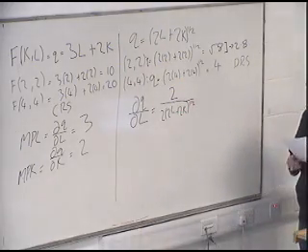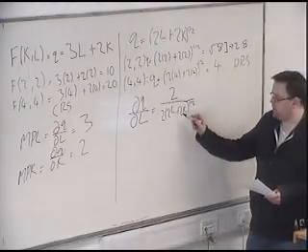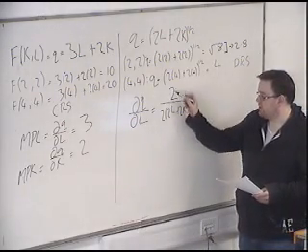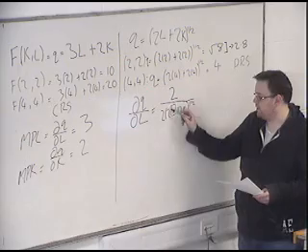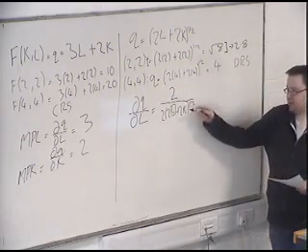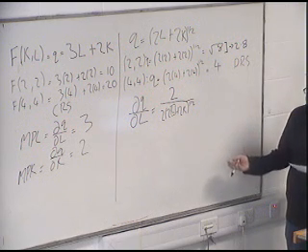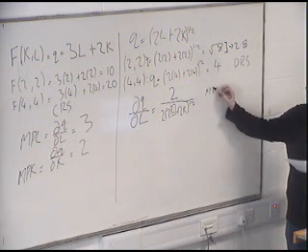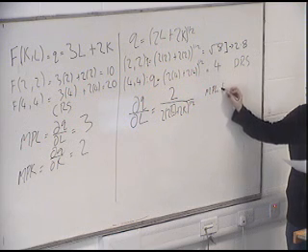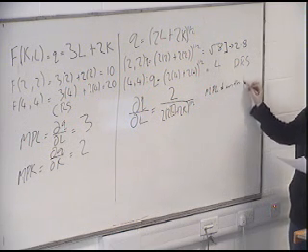So what's this going to do? Well, as L gets bigger, this whole thing is going to get smaller, right? You have an L in the bottom, so as L gets bigger, the overall thing is going to get smaller. So the MPL decreases with L.